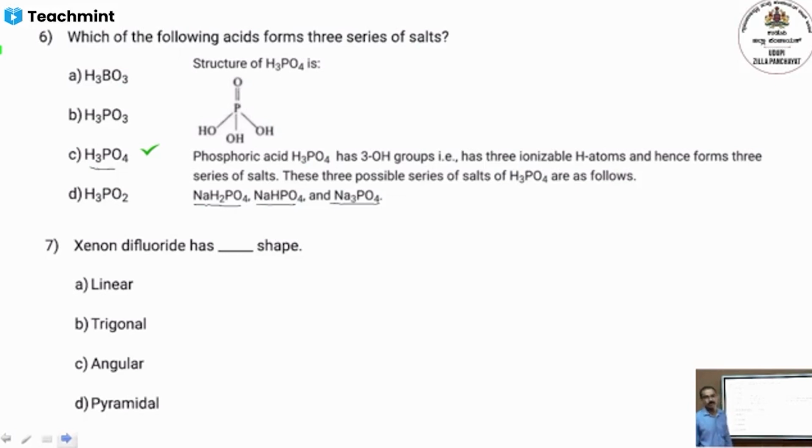Anyhow, xenon difluoride is a linear molecule, and the explanation goes like this.